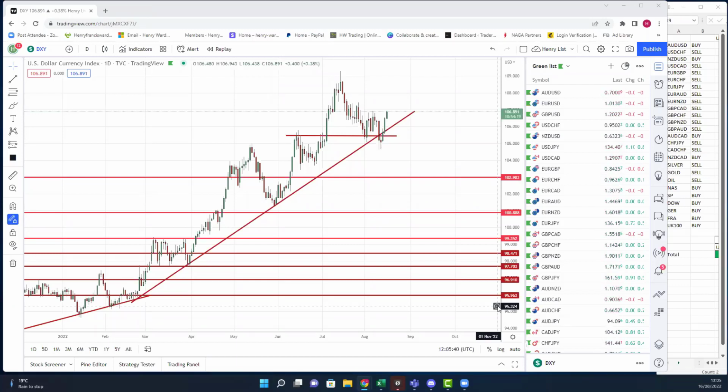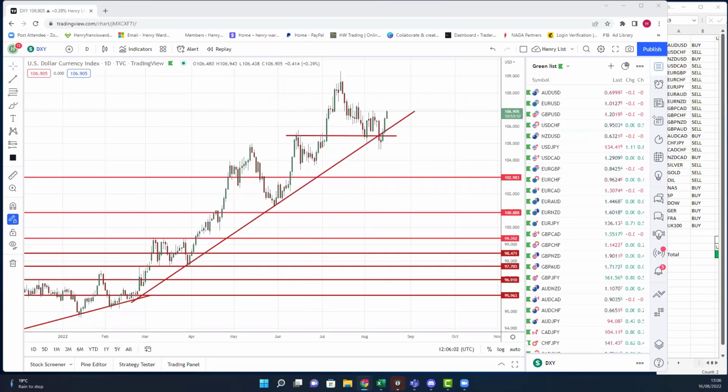That's probably the best way to describe the dollar index, or the Dixie as it's known. What we have here is an overall trend going up, which shows that the dollar is getting stronger against every major currency.